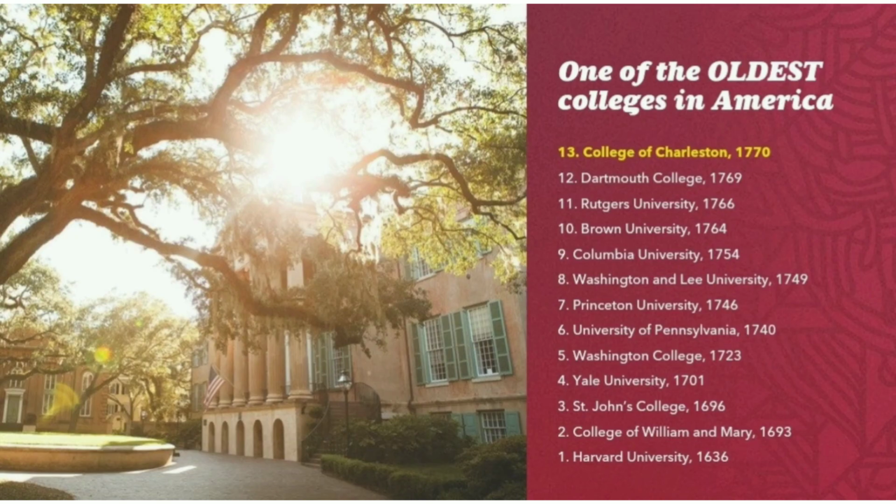One of my favorite and most important aspects that I appreciate about the College of Charleston is the place in American history that not only the city of Charleston, but the College of Charleston has in the United States. We were founded in the year 1770. If you know anything about US history, you may recognize that the country of the United States was not founded until the year 1776.